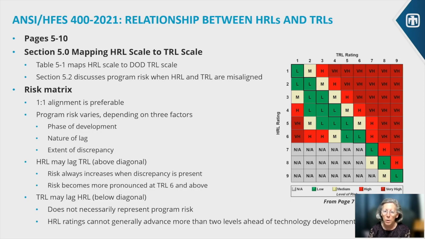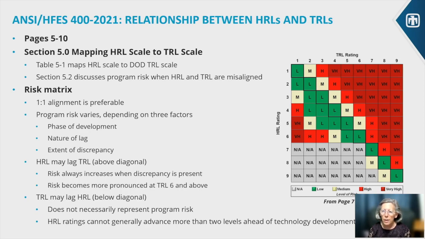We call that a moderate risk. But once we get to TRL 3, we start getting a little concerned if we're still at HRL 1. And then beyond that, there's a great deal of concern if we're progressing in technical maturity, but not human readiness. So that's what we mean, depending on what phase you're in and the extent of the discrepancy.